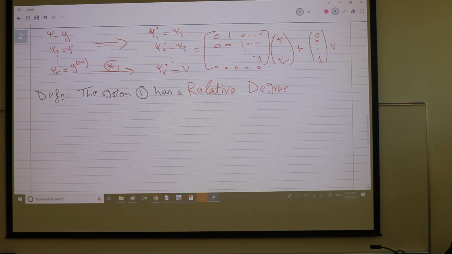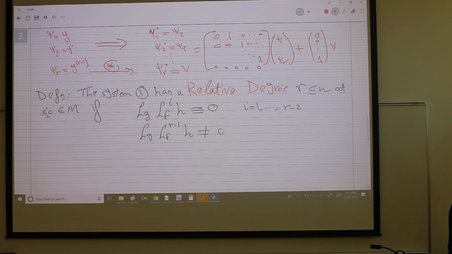A relative degree r, which is typically less than or equal to n, at some point x naught in the manifold, if this Lie derivative, which is the coefficient of the input, sorry, so this is r minus 2, is strictly 0, all these guys up to r minus 2, and the r minus 1 one is non-zero, for all x in some neighborhood of x naught. Okay?